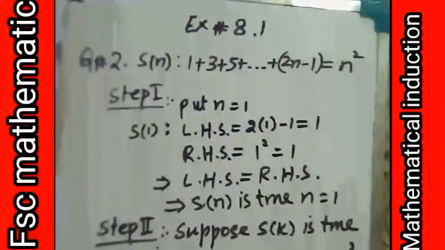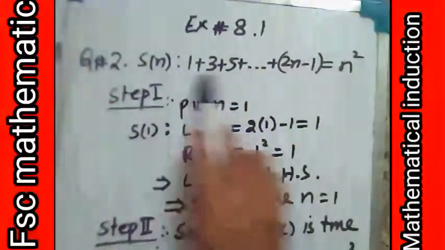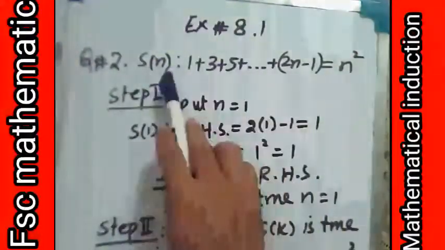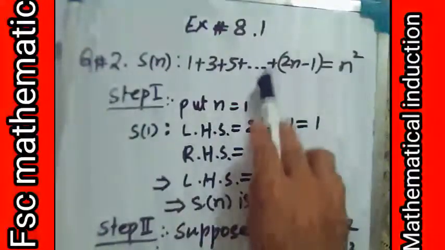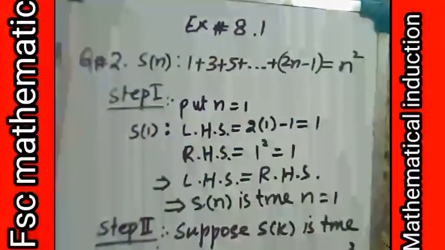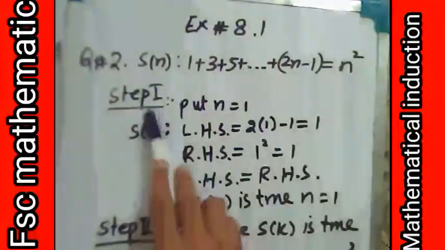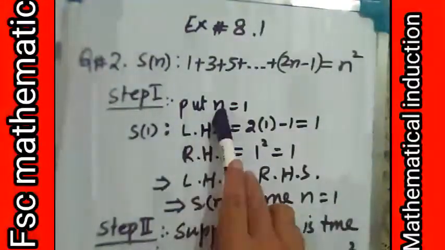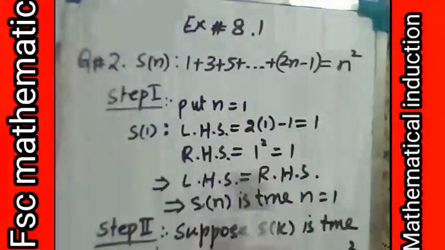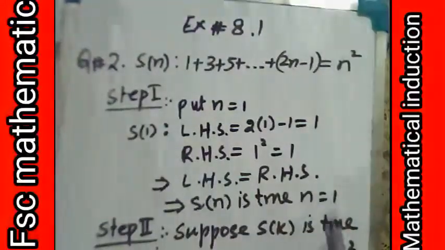Students, surely you will have a mathematics book with you, so you can see that where the questions of exercise 8.1 begin, it is written: prove the statement for all positive integers. What we did, according to the mathematical induction principle, we verified it for n equal to 1. We found left hand side equal to right hand side, meaning the statement is true for n equal to 1.